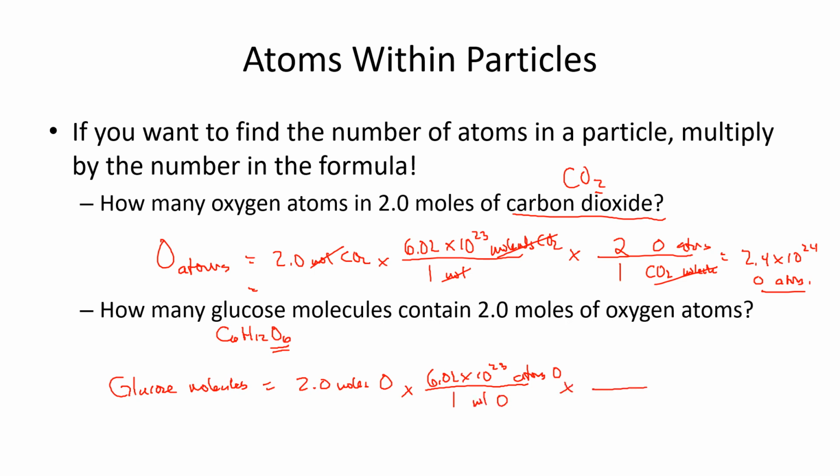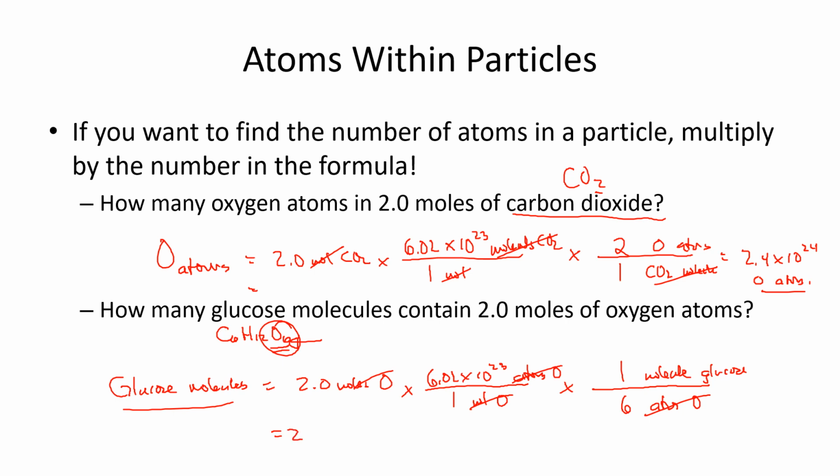And then once we have atoms of oxygen, we know there are 6 atoms of oxygen for every 1 molecule of glucose. And so you can see there, that's where I got the 6. And we see everything cancels out. Moles of oxygen, atoms of oxygen, atoms of oxygen. I'm left with molecules of glucose. That's what I was looking for. Great. So let's say 2 times 6.02 times 10 to the 23 divided by 6 equals.